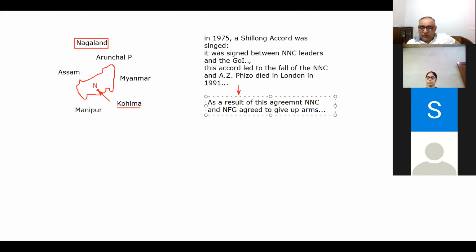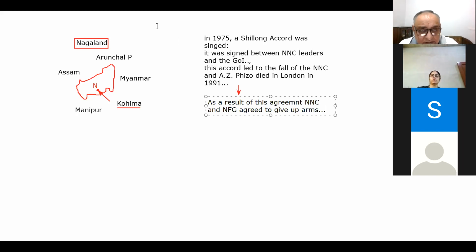They decided to give up arms, and they left the demand for even a sovereign Nagaland state. So this led to the fall of the Naga National Council.